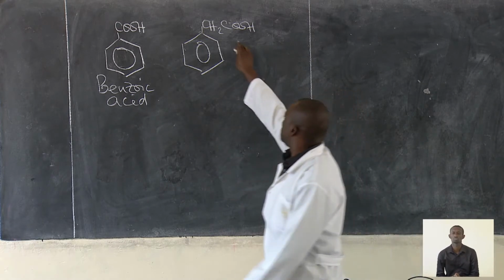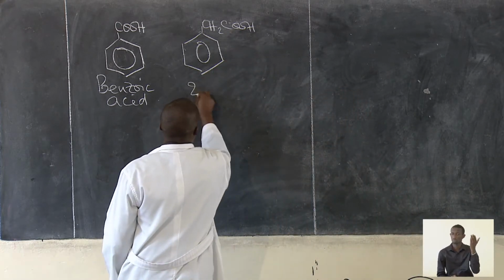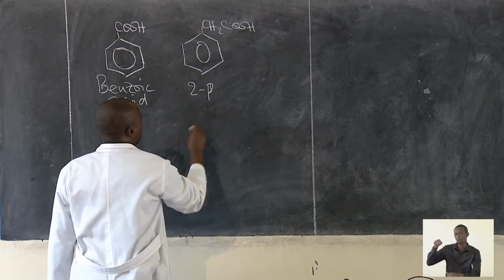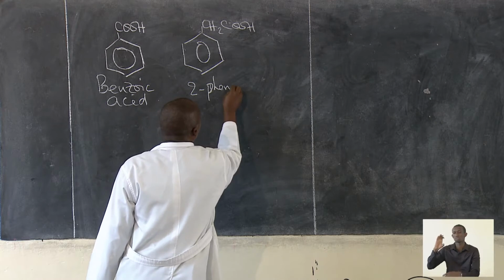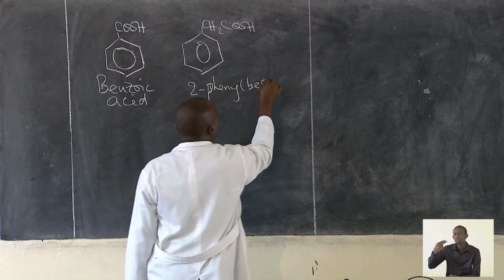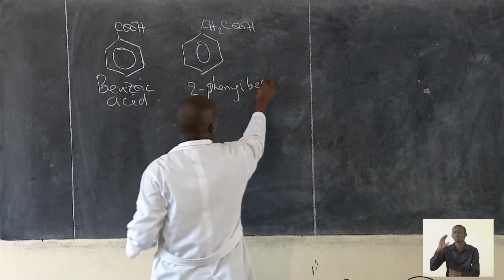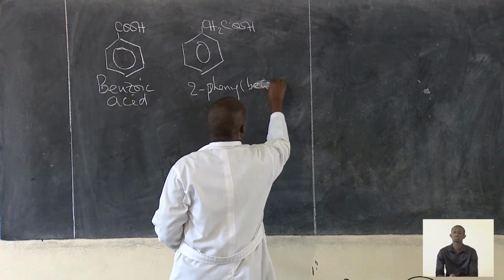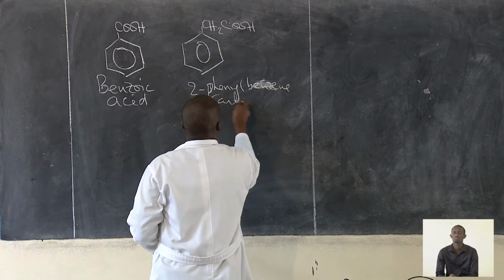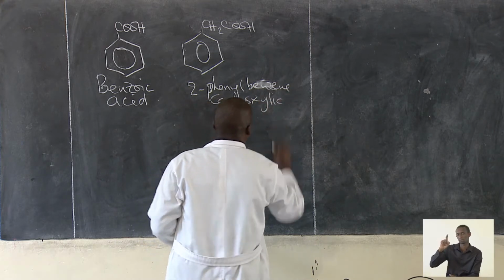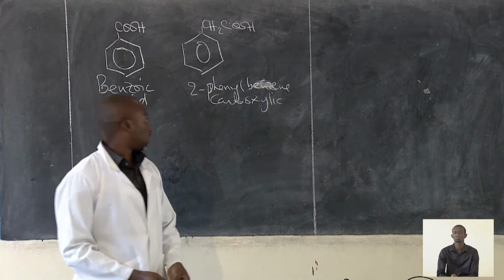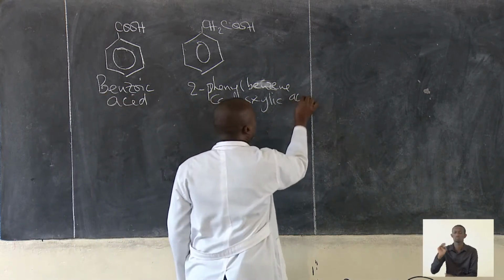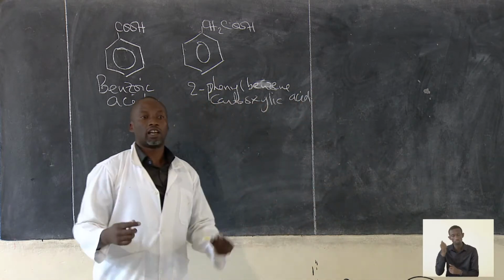So this one will be named as 2-phenyl. The phenyl group is on the carbon number 2. So this is 2-phenyl benzene carboxylic acid. You need to remember to put the word carboxylic acid.